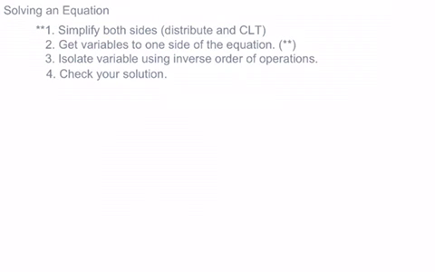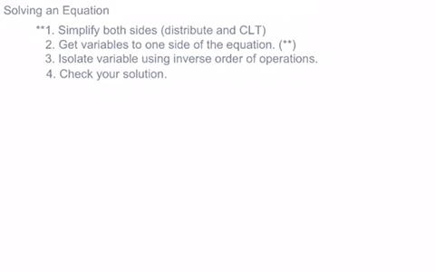First off, we need steps for solving an equation, and these are just basic steps for all of the equations that we're going to be handling. The first step is to simplify both sides. We've been doing that in the first two sections of this unit. Simplifying both sides means distributing and then combining like terms. Then you have to get the variables to one side of the equation.